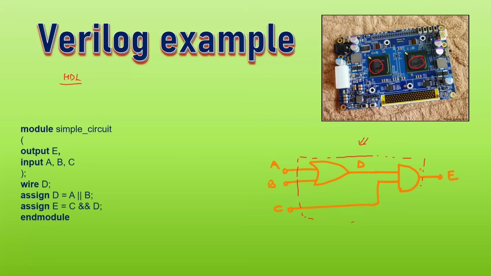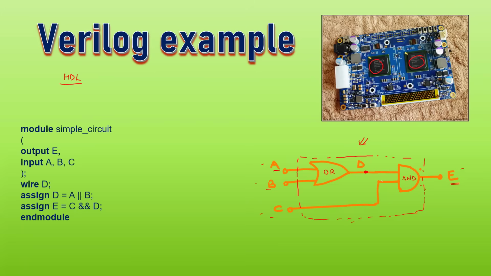In the box, I have this circuit, and I have the inputs A, B, and C, and the output is E. There is one internal connection also, which I have named D. The final output is only one, which is E, and the inputs are A, B, and C. What I see here are two gates: one is an OR gate and one is an AND gate.